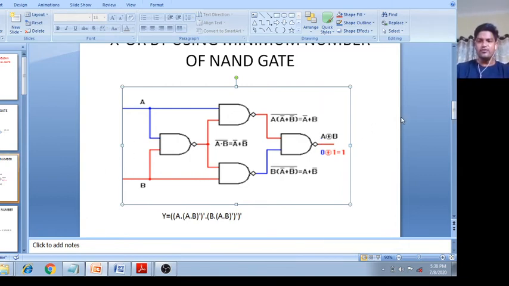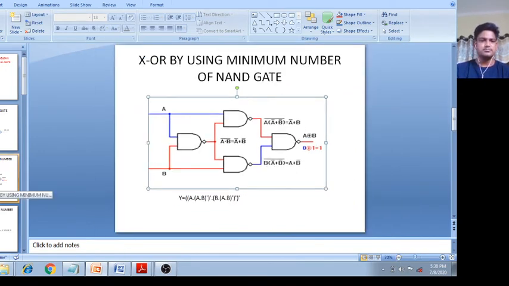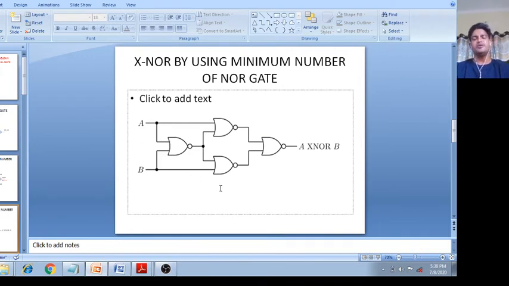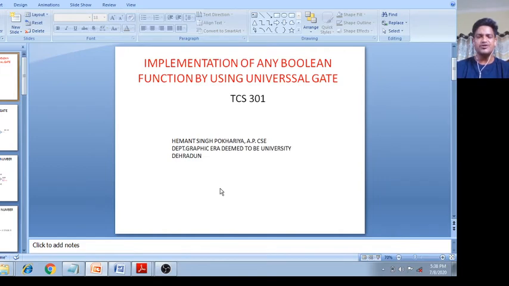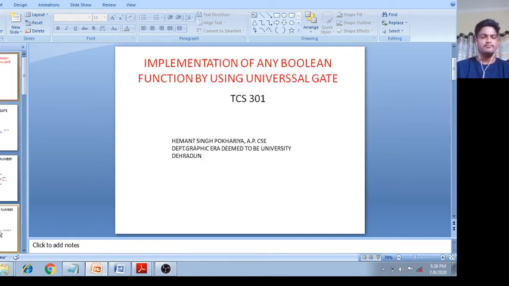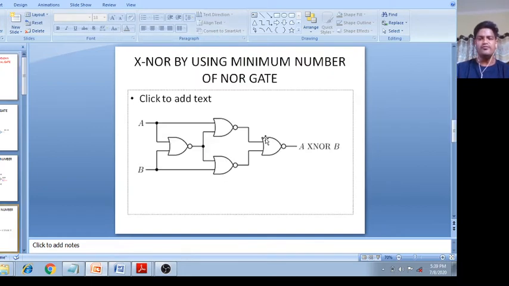Now next we will see how to implement XNOR gate by using minimum number of NOR gates. One thing, you can apply the same concept we applied in case of XOR gate by using minimum number of NAND gates, but you know you have the duality theorem, so this theorem is very powerful.